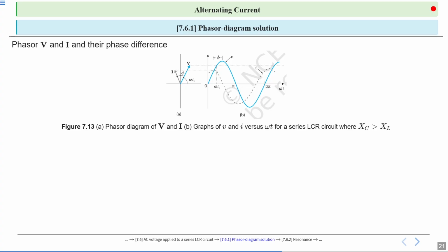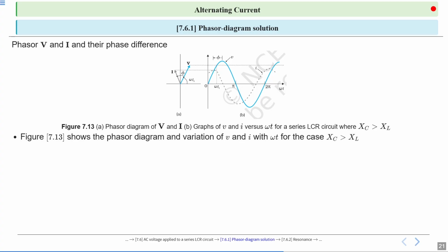The phase between the current maximum and the voltage maximum is phi, and we can calculate phi if we know the values of XC, XL and R. It is not a pi by 2 phase difference; it is somewhat phi, less than pi by 2. Figure 7.13 shows the phasor diagram and the variation of V and I with omega t for the case XC greater than XL. You can take XL greater than XC, and the phasor diagram will change somewhat, but the concept remains the same.